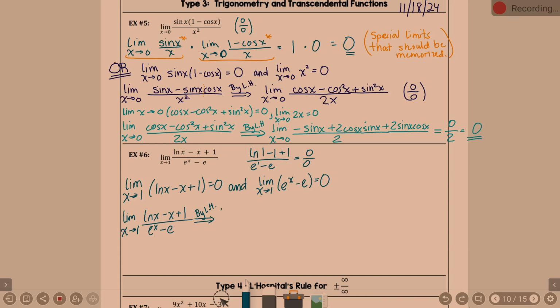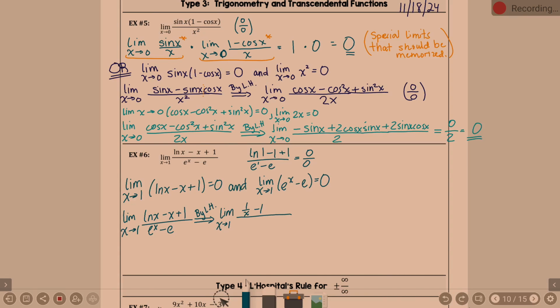the limit as x approaches 1. Okay, derivative of the top. What's the derivative of my numerator? 1 over x minus 1. The derivative of natural log of x is 1 over x, minus the derivative of x, which is 1. The derivative of 1 is 0. Over the derivative of e to the x minus e.